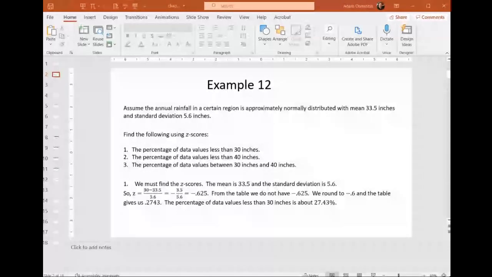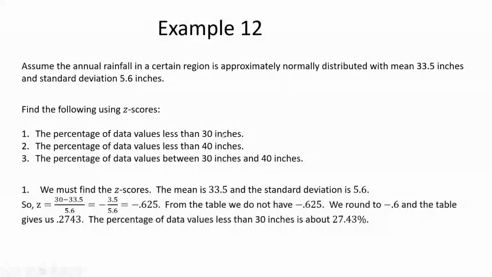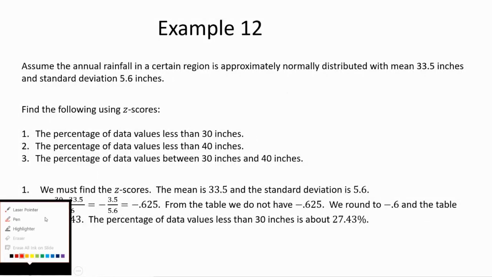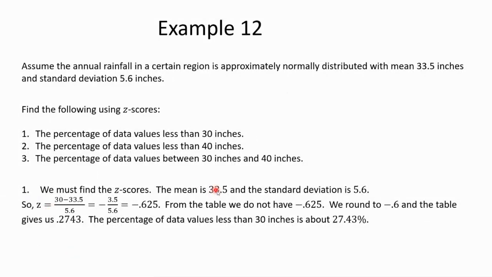Which means that the percentage of data values for the annual rainfall in a certain region that are less than 30 inches is about 27.43%.